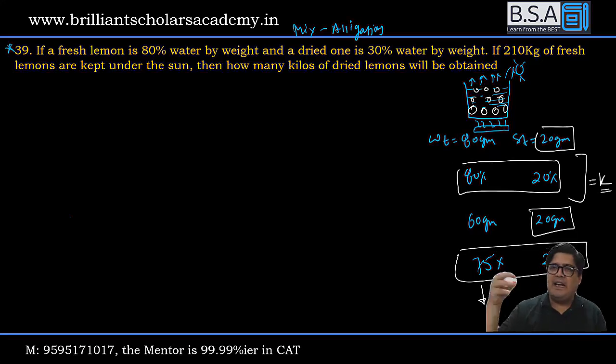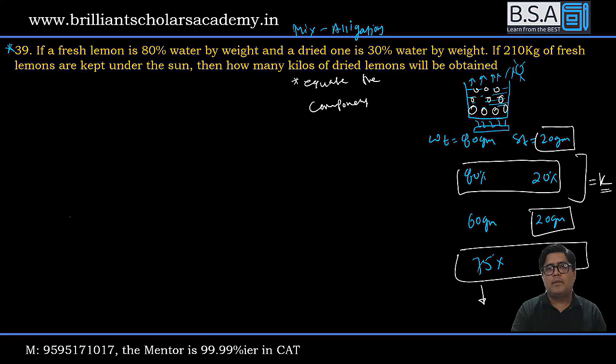I am adding 10 liters water. What is not changing? The amount of pure milk. So in all such examples, equate the component not changing. Write this wording somewhere: equate the component not changing.